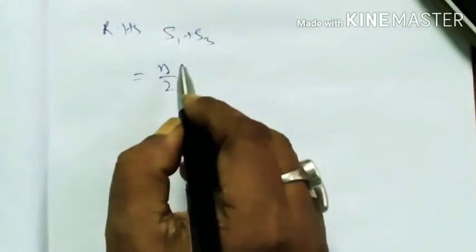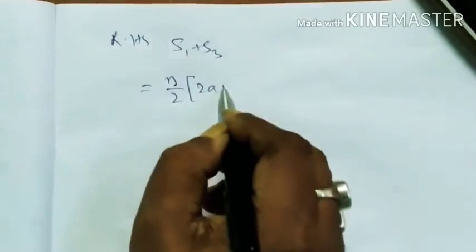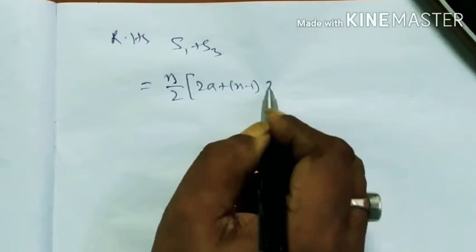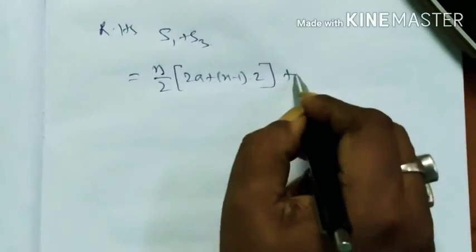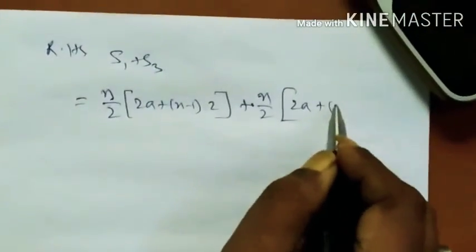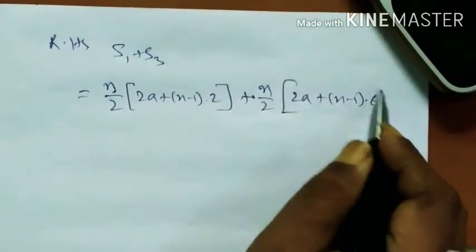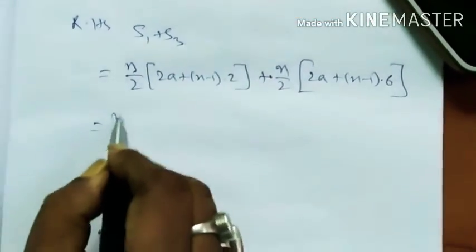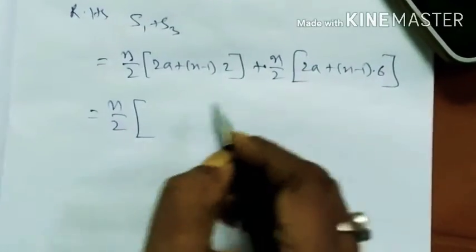Right hand side, S1 plus S3. Your S1 is n by 2, 2A plus n minus 1 into 2 plus your S3. Your S3 is n by 2, 2A plus n minus 1 into 6. Now, here n by 2 is common.